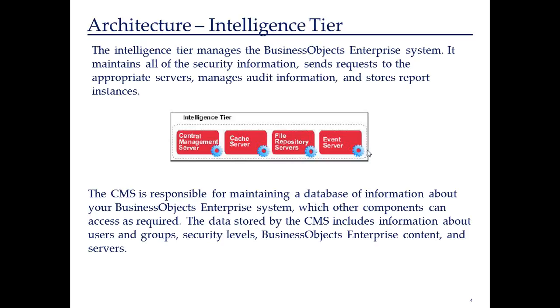So not based on time, you want to schedule based on an event. If any update has been made on my warehouse, then start scheduling my report, otherwise don't do it. So you can schedule the reports based on an event, and those events will be handled by event server.